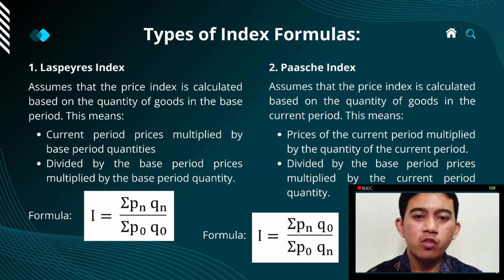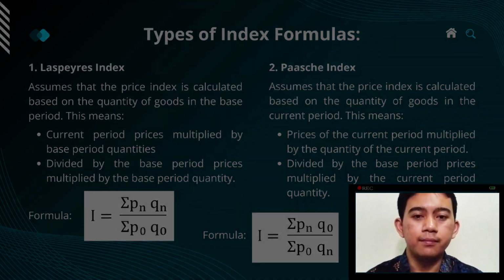The Paasche index formula can be seen on the screen in the PPT. The Paasche method is more accurate in describing actual conditions in the market because it takes into account changes in quantity due to shifts in consumption patterns. However, the disadvantage is that current period quantity data is often difficult to obtain completely and accurately.